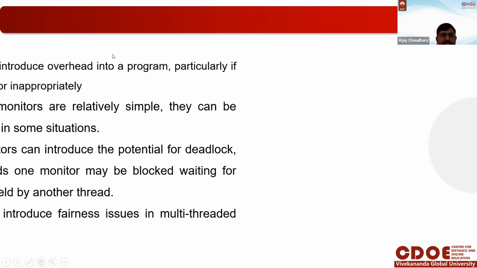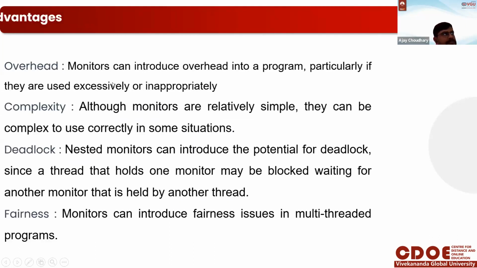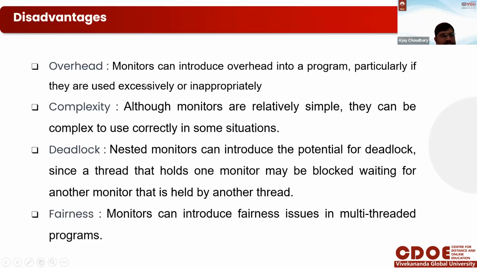What is the disadvantage? Overhead. Monitors can introduce overhead into a program, particularly if they are used excessively and inappropriately. Complexity, deadlock, fairness. So these are the simplest ways to complete our programming in a better way.